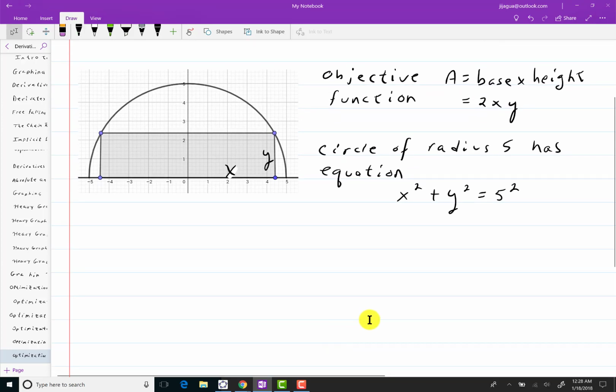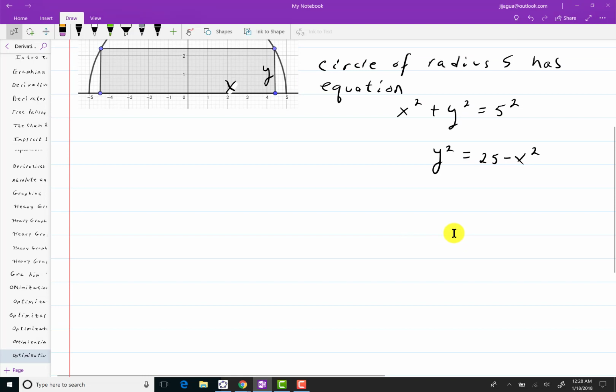Then I'll solve for y, so I'll subtract x squared from both sides. So y squared equals 25 minus x squared. And then I'll take the square root. y equals plus and minus the square root of 25 minus x squared.